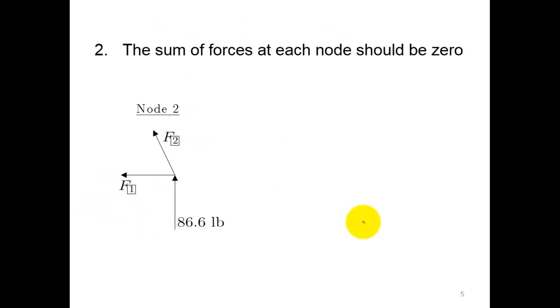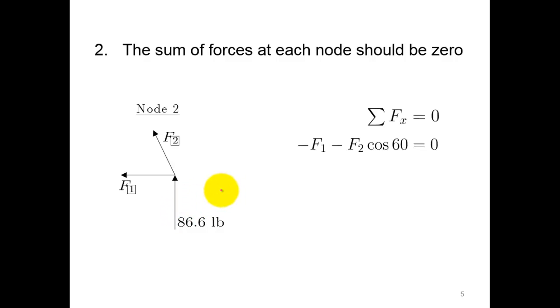The next way we can verify our results is to look at the sum of the forces at each node, which should be 0. So here's node 2 in the bottom right hand corner of our triangle. We have this reaction force of 86.6 pounds, and if we look at our two forces, they should work out to cancel that out.